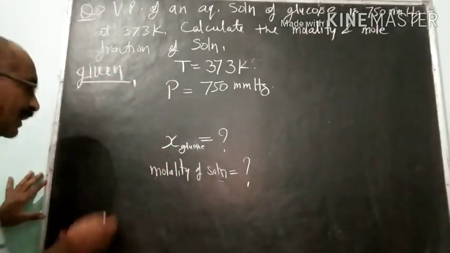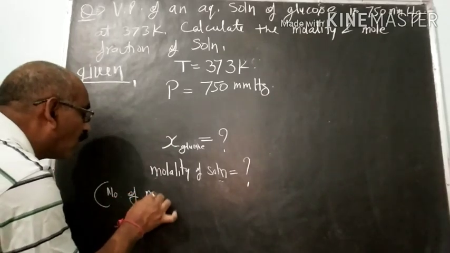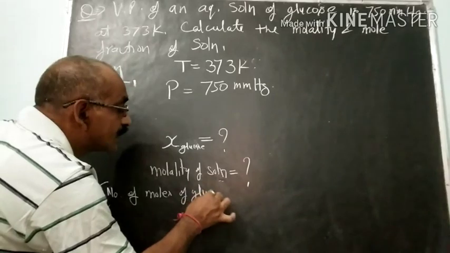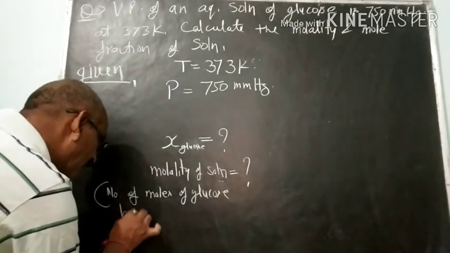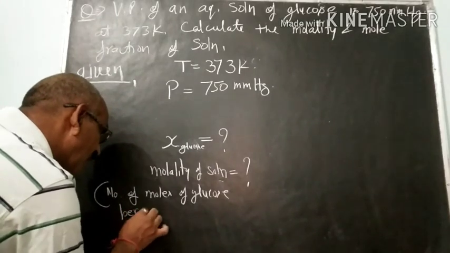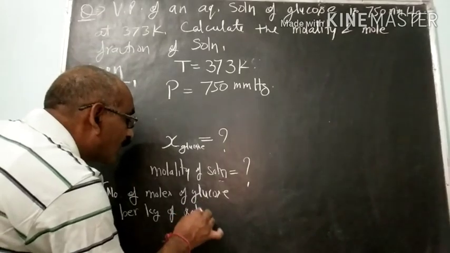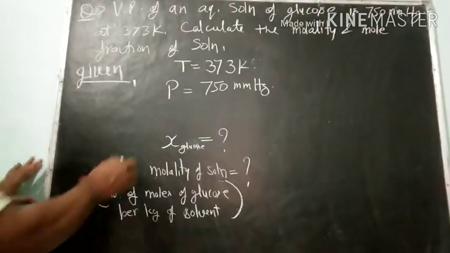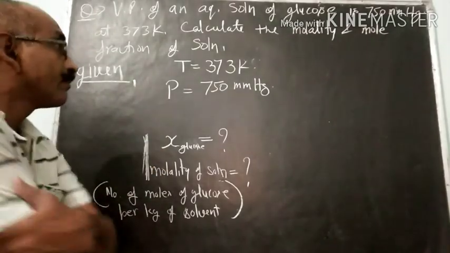What is molality? It means the number of moles of glucose per kg of solvent is to be calculated. These are the two things we have to calculate.